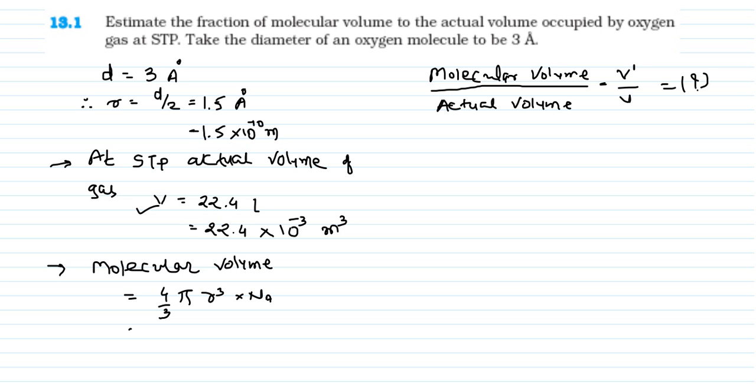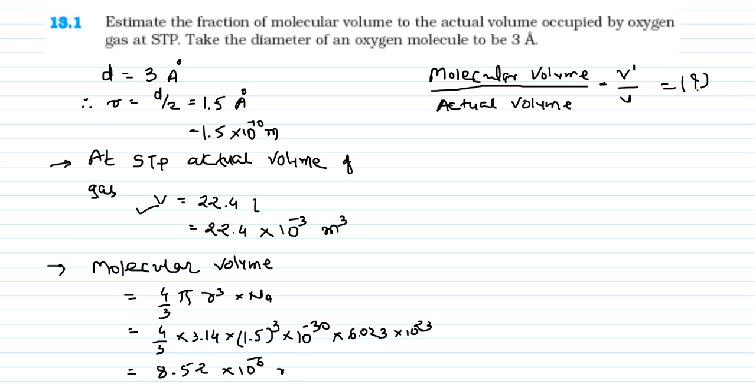That is 4 by 3, 3.14, r cube, that is 1.5 whole cube, 10 raised to minus 30, into Na, 6.023 into 10 raised to 23. When you solve this, it is 8.52 into 10 raised to minus 6 meter cube.